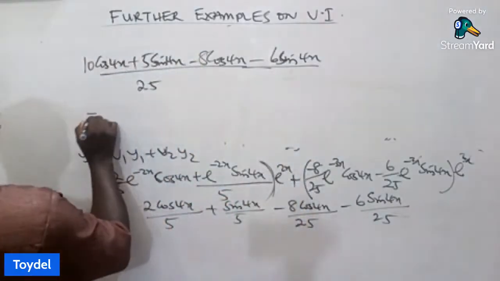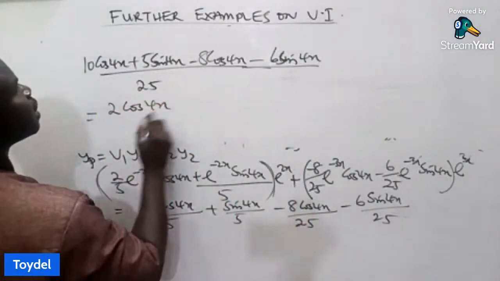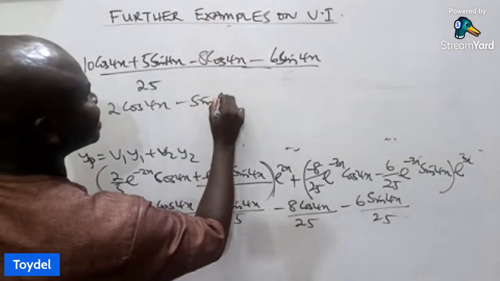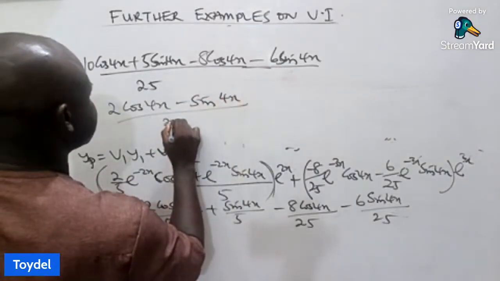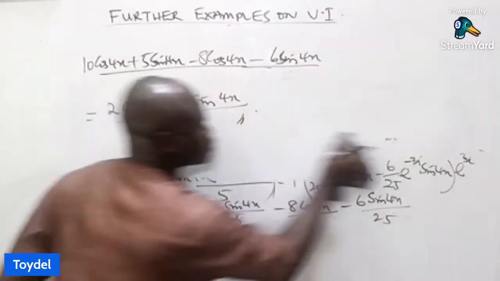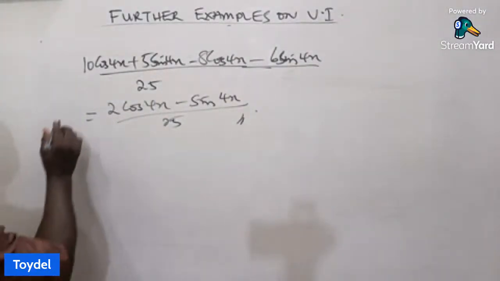Looking at this, 10 minus 8 is 2 cos 4x, then 5 minus 6 is minus sine 4x, everything all over 25. That will be the value of the particular solution.